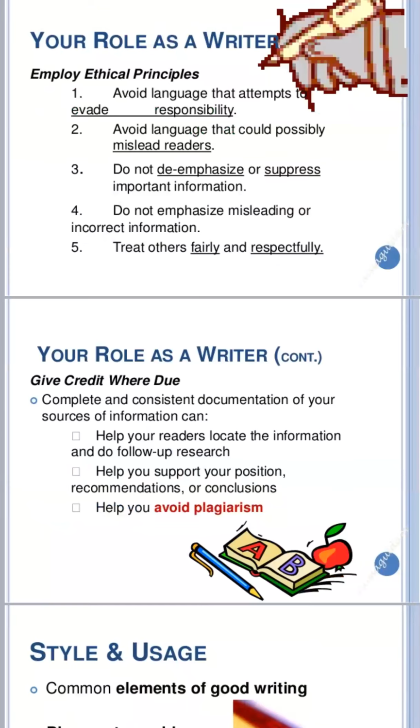Ethical principles means you are not allowed to use language that is not conveying correct information, not truth-based information, but information that can dodge someone, that can play with someone's knowledge or interest. So don't try to use this type of writing in technical writing.